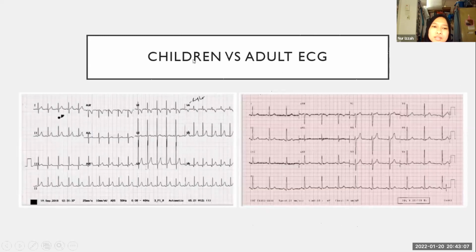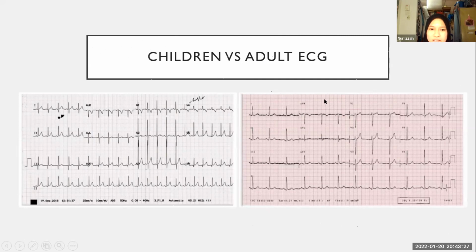So based on this ECG, which one is normal? Basically both are normal, but the right side is the adult ECG and the left side is the child ECG. One of the differences between children and adult ECG is the RR interval, or the heart rate.